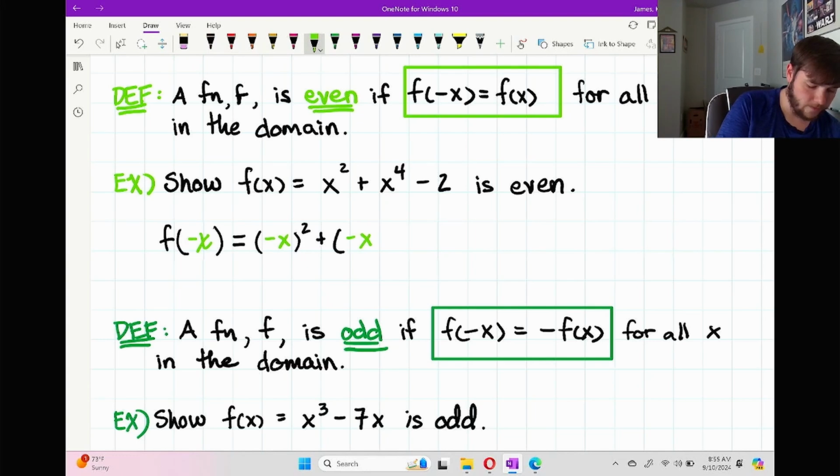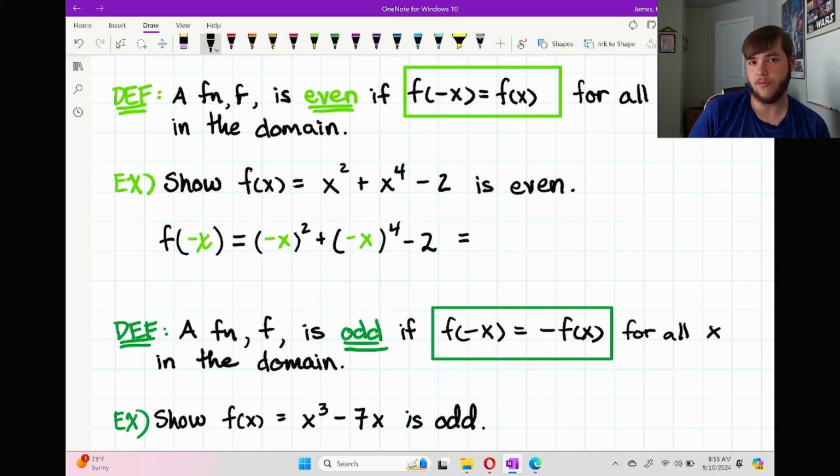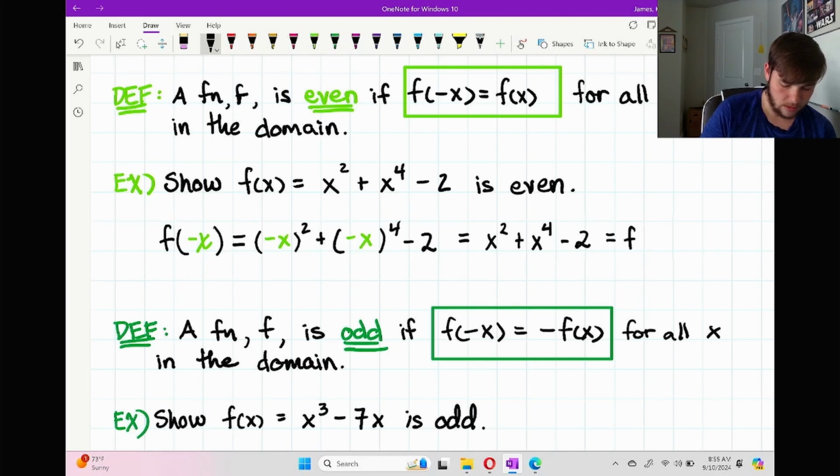What I'm looking for is whether or not I get the same thing. Well, I know that when I multiply negative x by itself, I get positive x squared. And when I multiply negative x by itself 4 times, I get positive x to the fourth. Minus 2 doesn't do anything. Notice I got back the exact same thing. So this is even.